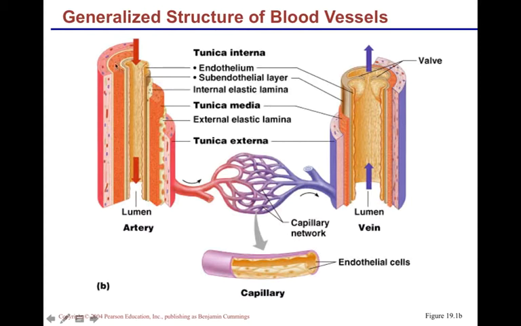The middle layer here, the tunica media, is basically two sections. It contains a smooth muscle layer, and it also contains elastic fibres. And the thing that you should notice with an artery is the elastic fibre layer is much, much thicker because it has to withstand higher pressures, and has to be able to recoil to maintain the blood pressure, whereas in the veins, that layer is much thinner.